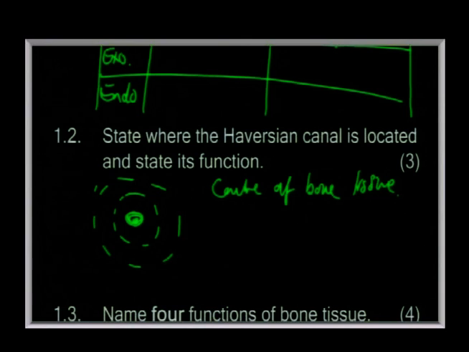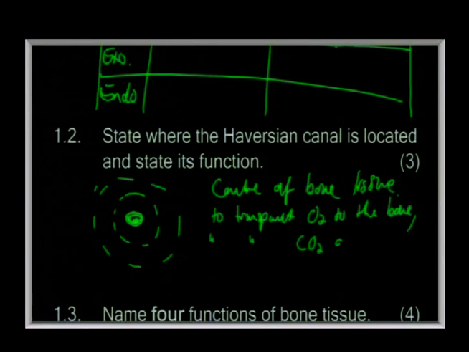Okay, and what is its function? Now, its function would be to transport oxygen to the bone, to transport carbon dioxide away from bone. And instead of bone, you could also write the osteocytes, so bone tissue, osteocytes.